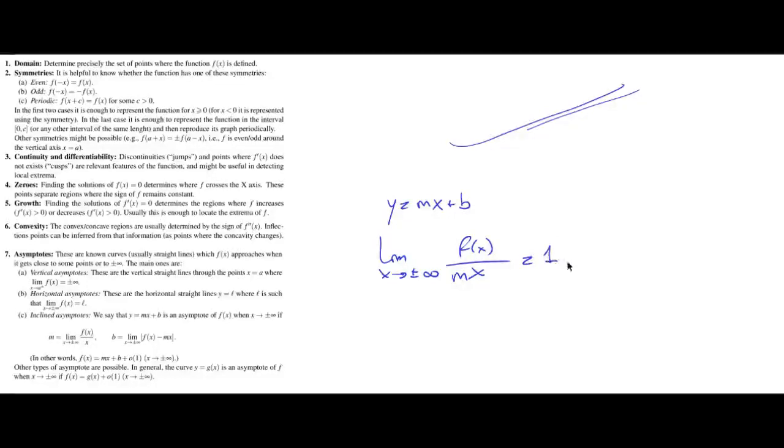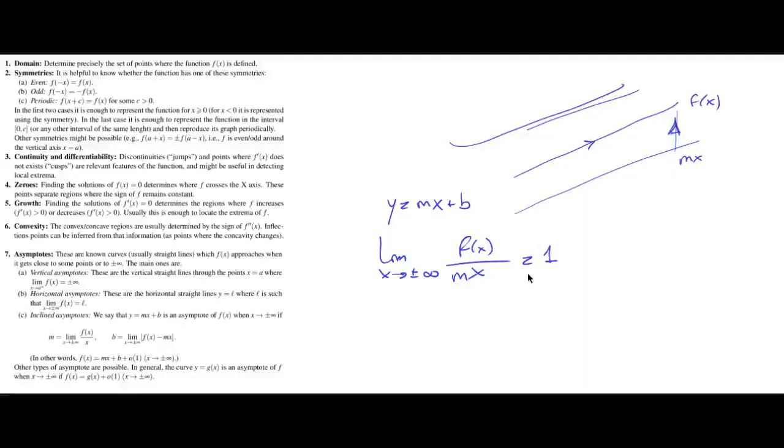So the difference is that when x gets very large, this function f is asymptotically equivalent to mx. So it's growing like a straight line. But you could have mx here, you could have f of x here.